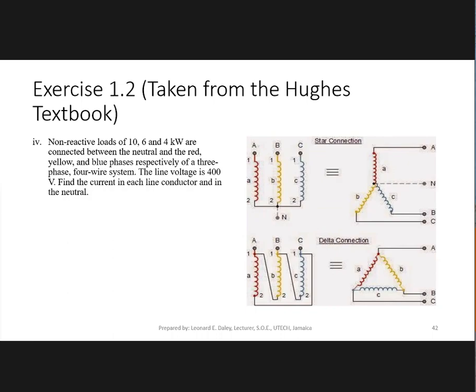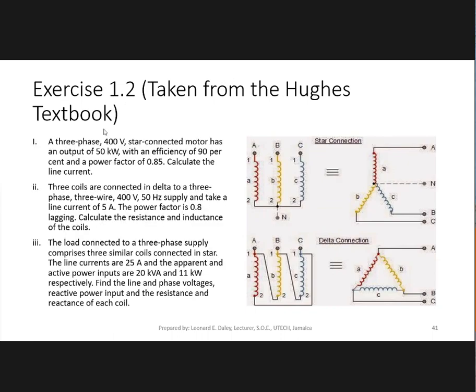Right. So that power output that you see in the question is a mechanical power output, right? The output is mechanical. So what you need to do is to find the electrical power input. All right. And how can you go about doing that? From the information that you have in the question.